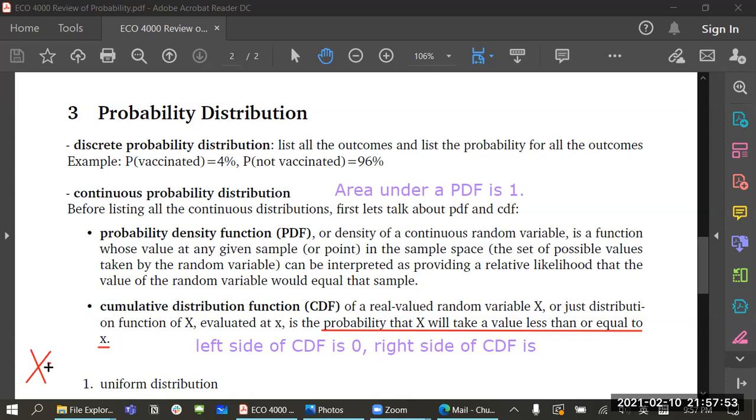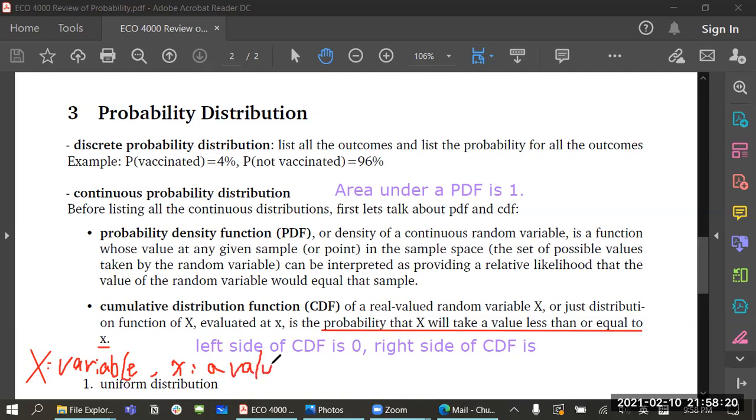Capital X is a variable. Capital or uppercase letter is always a variable. Lowercase letter is always a value.